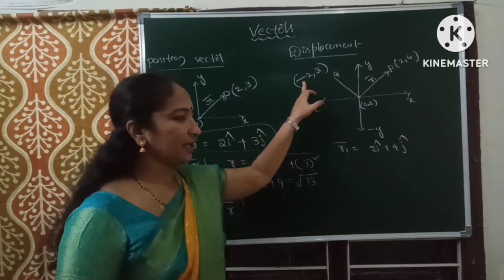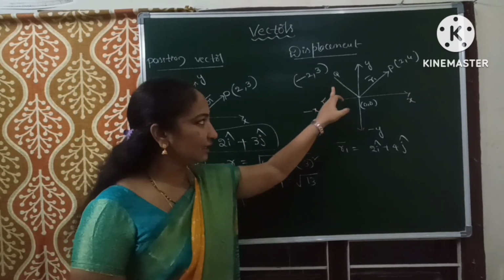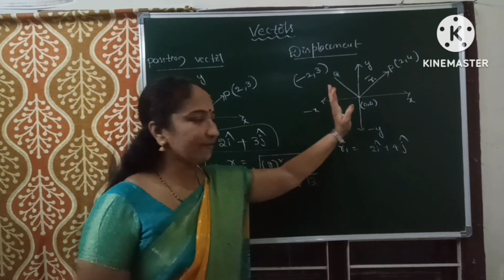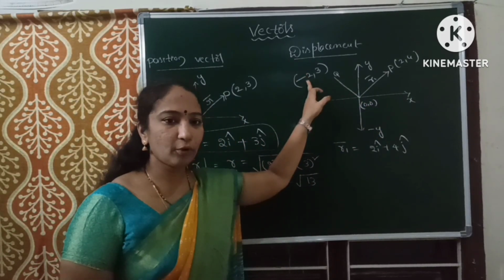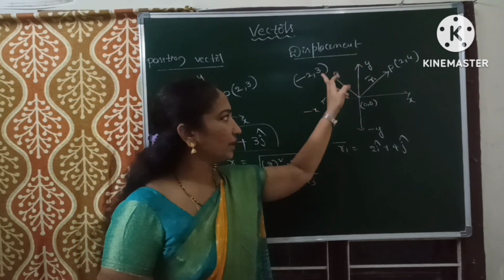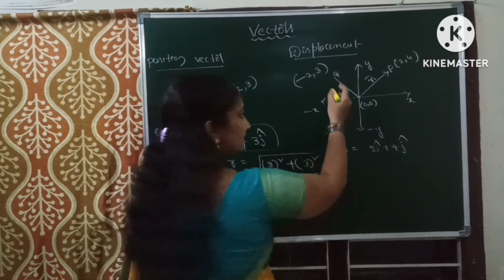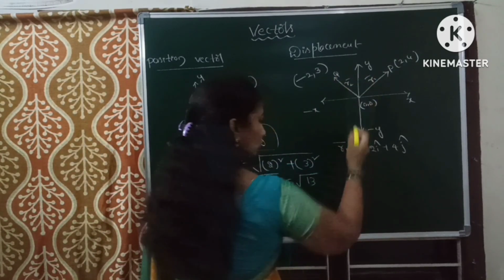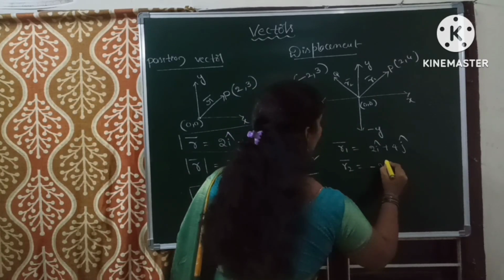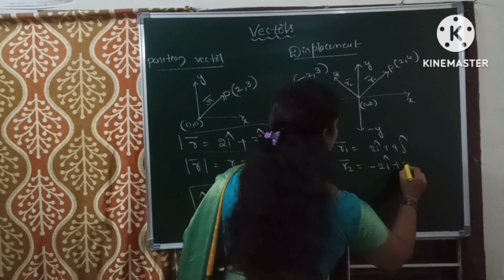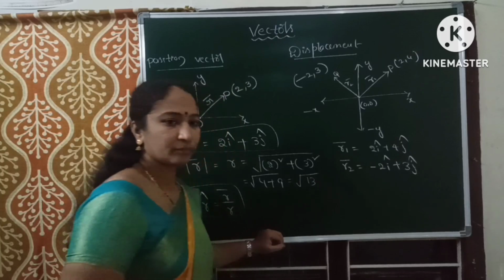I hope you understand why I kept minus here, because the particle traveled along negative x direction. That's why the x component is minus 2 and positive y is plus 3. Now it is nothing but r2 bar. So r2 bar in vector form is minus 2i cap plus 3j cap.